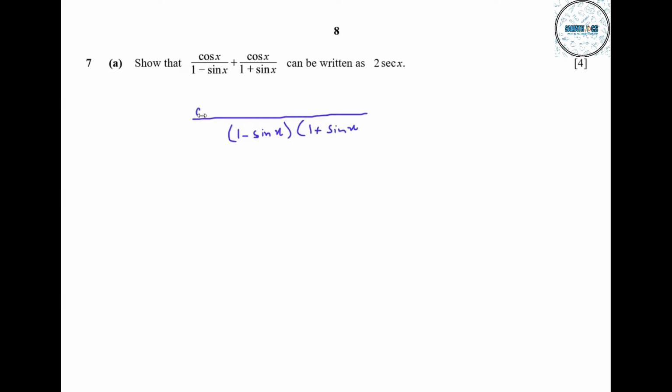So this will be multiplied by 1 plus sin x, and this cos x will be multiplied by 1 minus sin x.